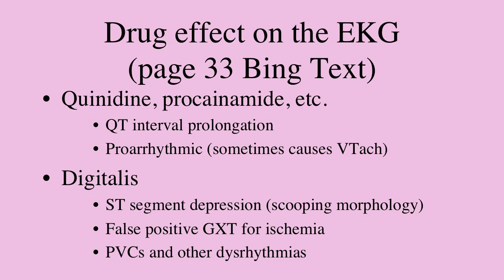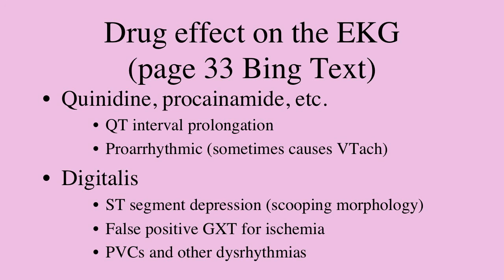So the scooping morphology can be mistaken for ischemia, and therefore somebody could say, they're ischemic, but it's really false. It's due to the medication. That would be a false positive GXT for ischemia if somebody's on digitalis. So you want to be aware of the digitalis effect on the EKG, and then before you make an interpretation of ischemia in your patient, make sure that they are not taking digitalis, because it can give you that false positive impression.